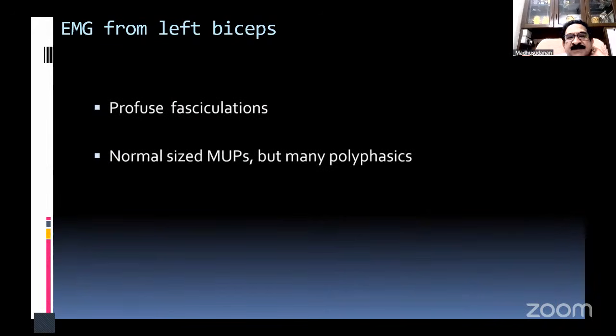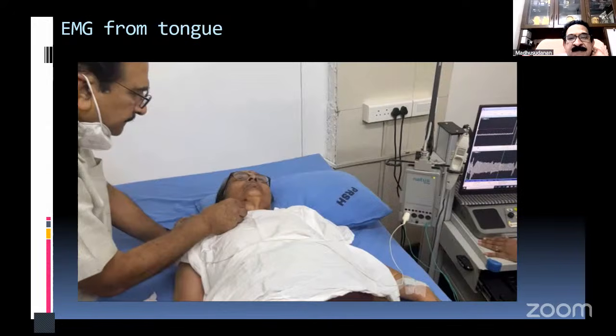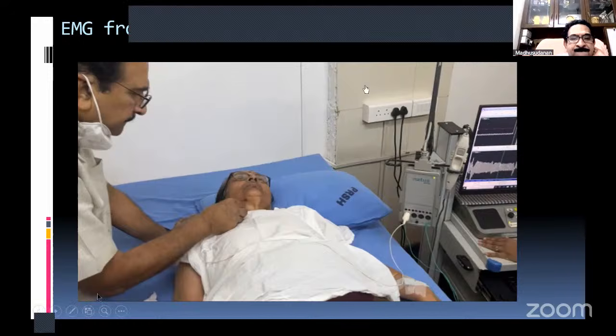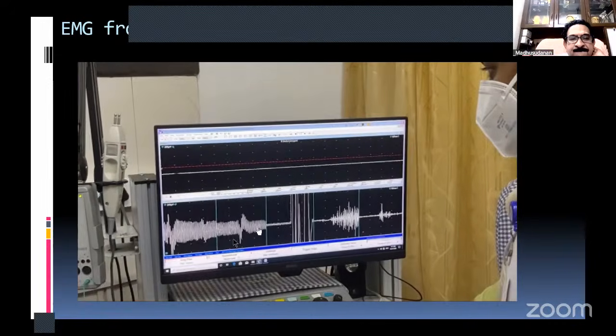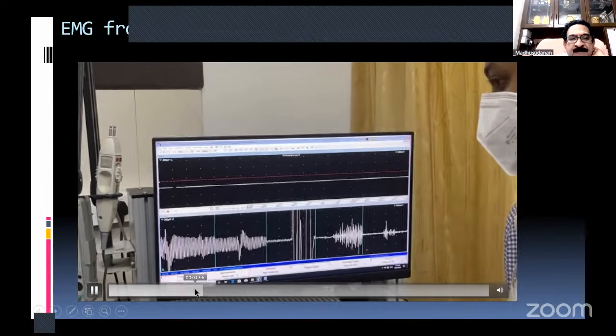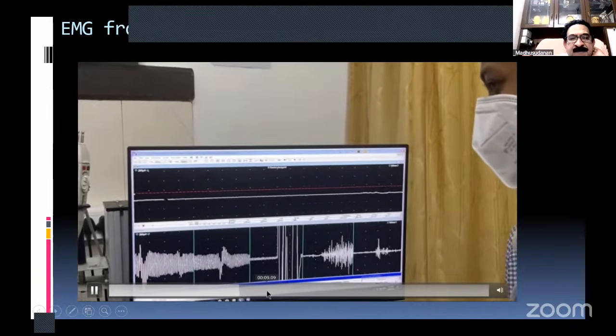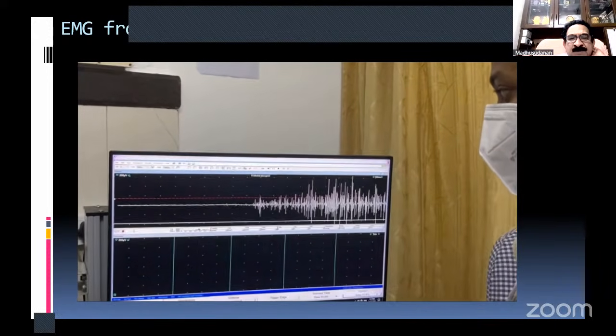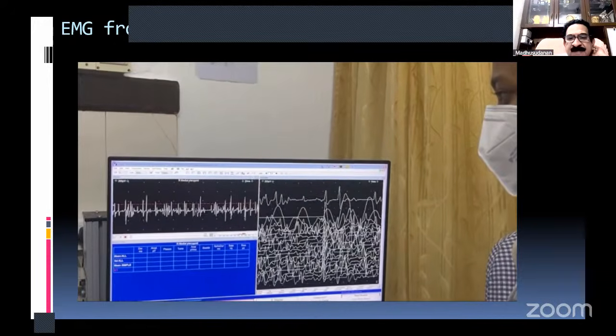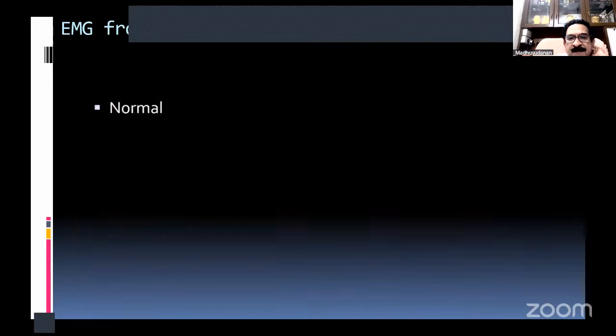Profuse fasciculation, normal size MUPs, but many polyphasics, almost complete interference. Then from the tongue. No spontaneous activity could be made out. That is normal activity from the tongue.